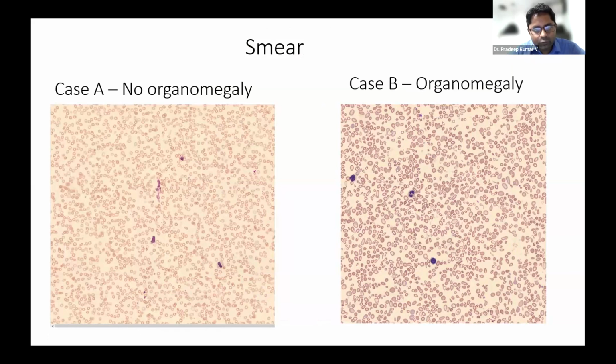Any other test we want in these cases? Okay, someone said pyropoikilocytosis, OFT. Okay. Anything else? Someone said a reticulocyte count. Yes, we would require a retic count, automated or manual, in this case.